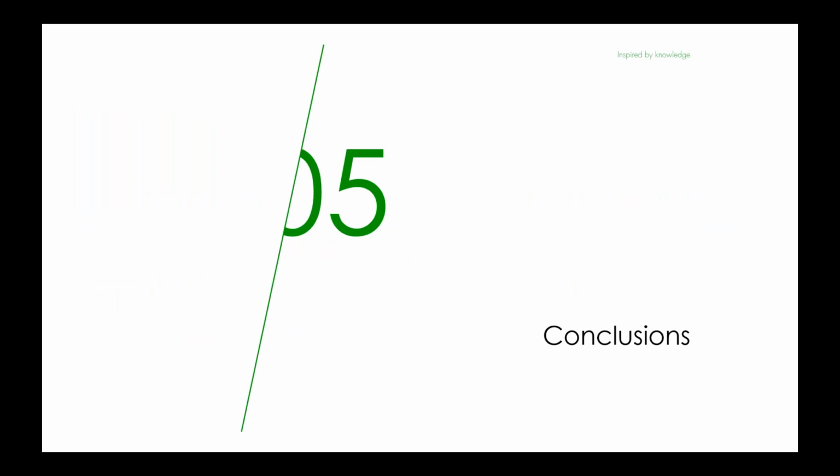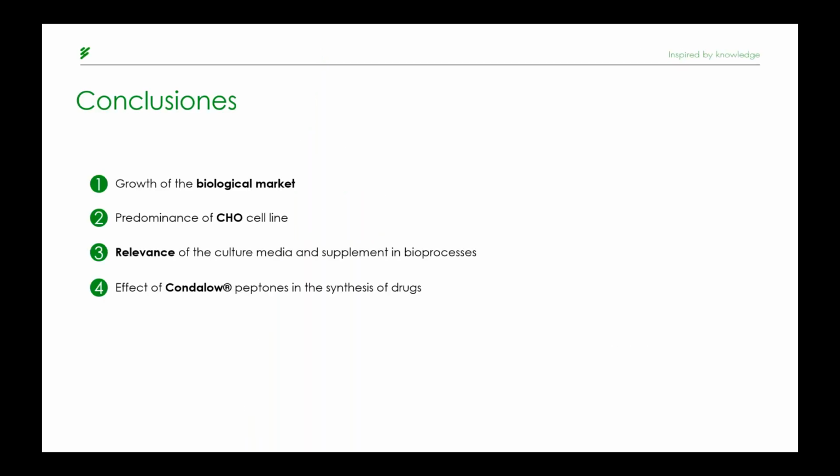Finally, we only have to talk about the conclusions, or a little summary of this presentation. The first is the growth of the biological market, how the pharma companies are focusing more and more on this kind of product each year. As I said, it started in the 80s, and the patents of the first products are starting to run out.